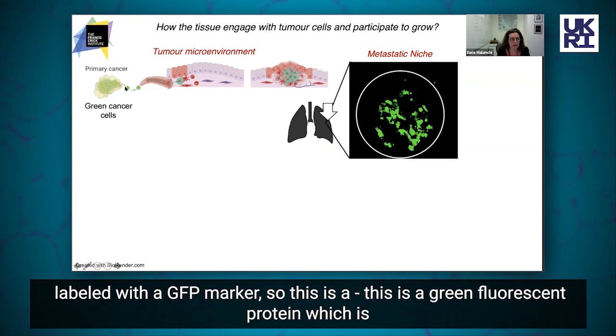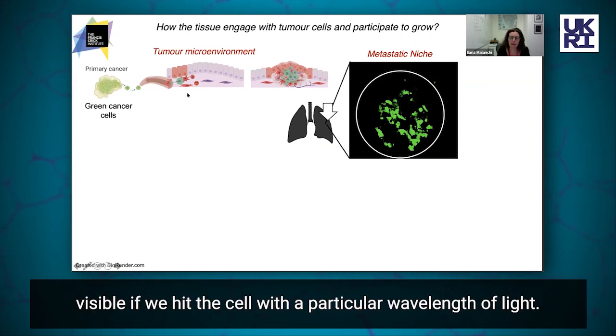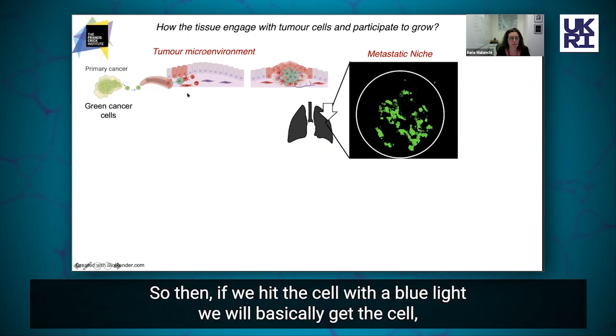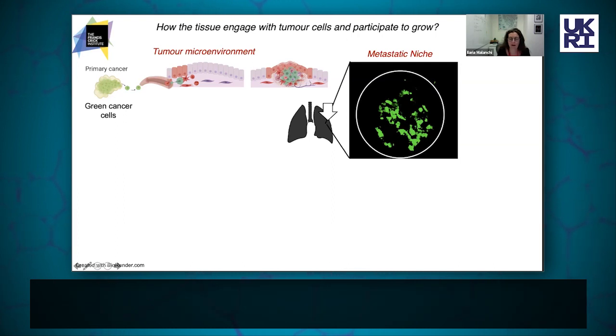This is a green fluorescent protein, which is visible if we hit the cell with a particular wavelength of light. If we hit the cell with a blue light, we basically get the cells which have this protein to fluoresce. And here you can see cancer cells growing into a lung.